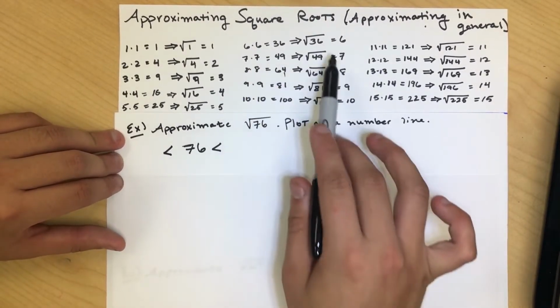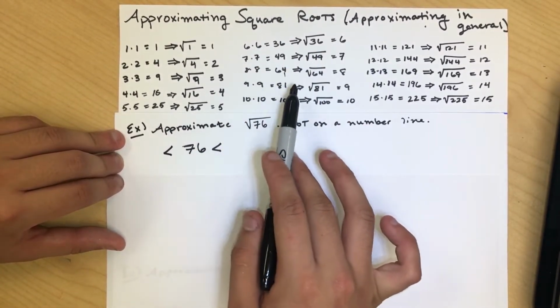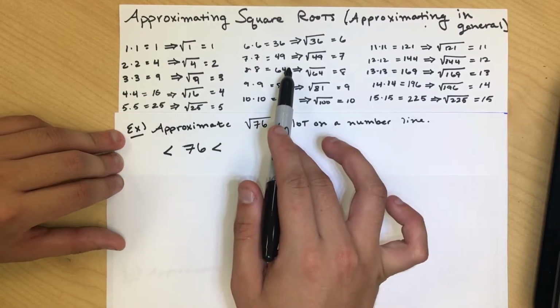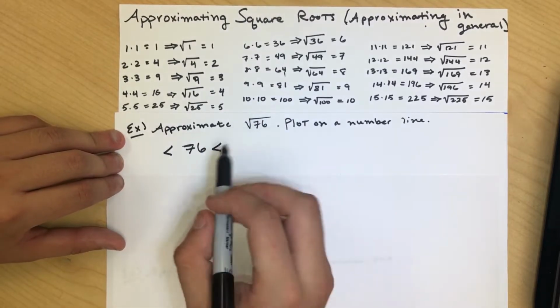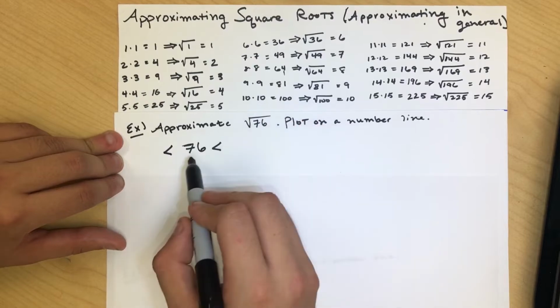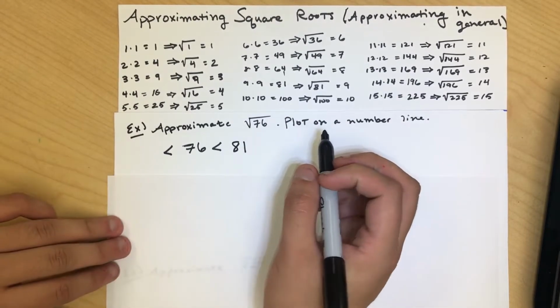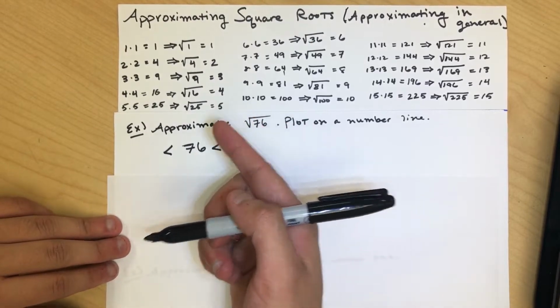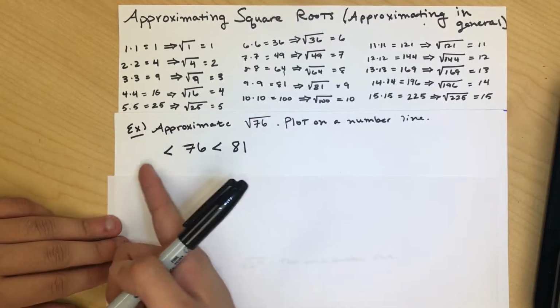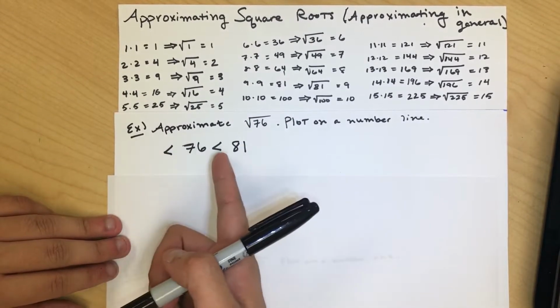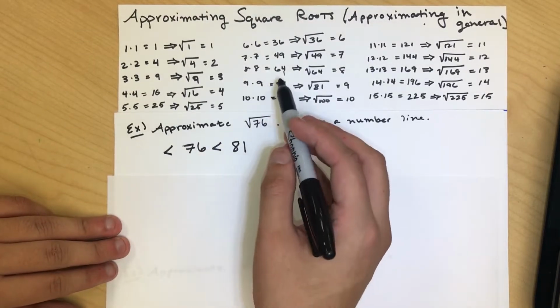So 76 is somewhere in between 64 and 81. The next perfect square larger than 76 is going to be 81, and the one right before 76 is going to be 64.